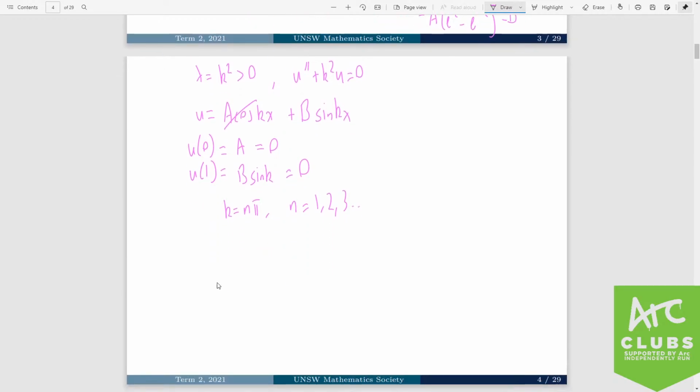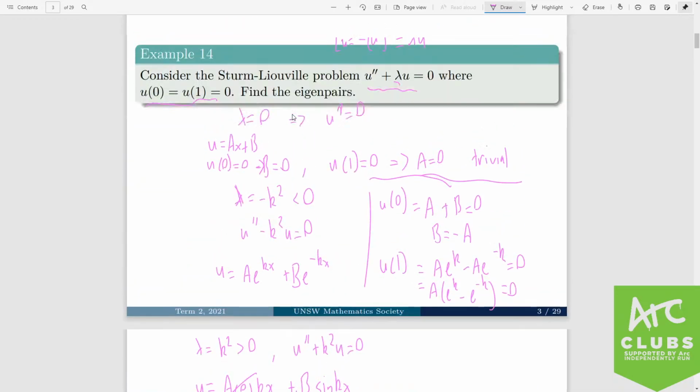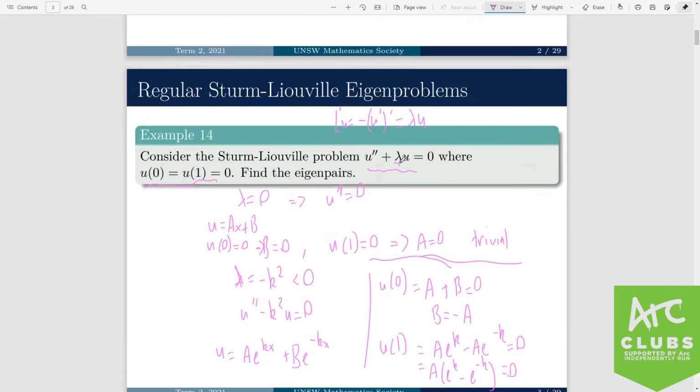So our solutions, which we call our eigenfunctions, will just be sin of n pi x, since k was n pi, so we don't need a b actually. And then the corresponding eigenvalue, which was our lambda, if you remember, the lambda is the eigenvalue.